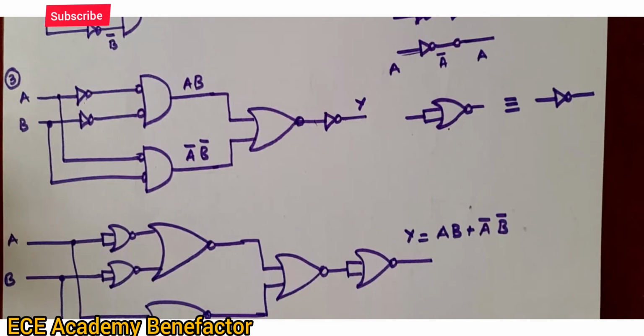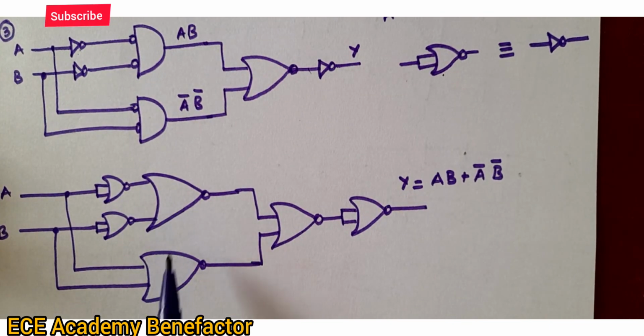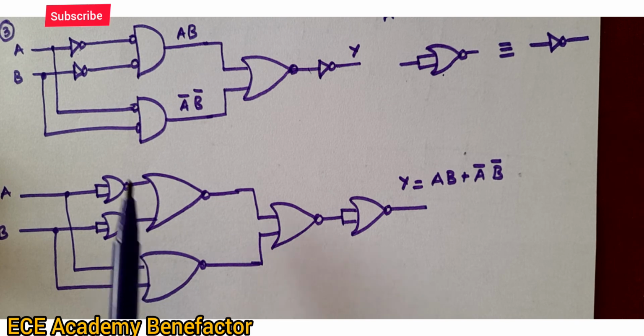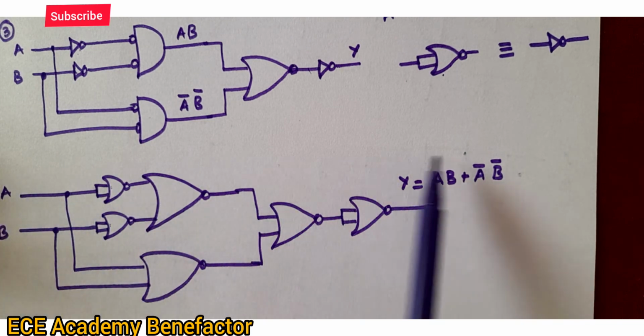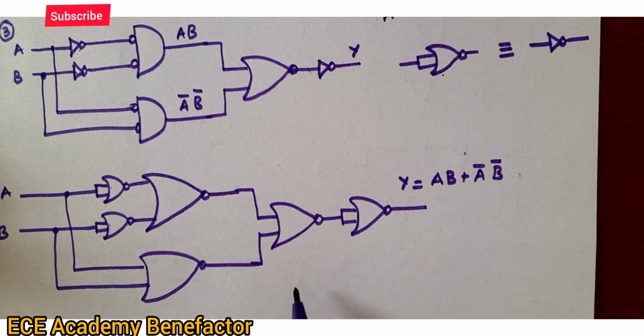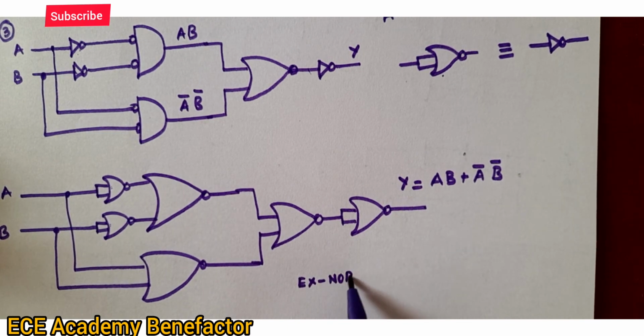I have replaced the bubbled OR gate with a NOR gate, and the NOT gate is replaced by NOT gates made of NOR. Okay. So this is the final diagram of XNOR gate using NOR gates.